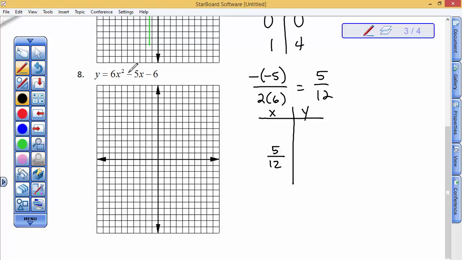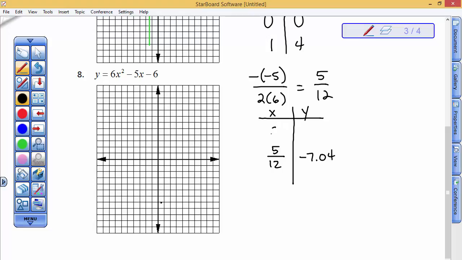So when I take 5/12 and square it and multiply it by 6 and subtract 5 times 5/12 and then subtract 6, I did that with my calculator and I got -7.04. Hard to graph because x is 5/12, about a half, and I've got to go down a little bit more than 7. So there's my vertex. This should open up because of the +6.